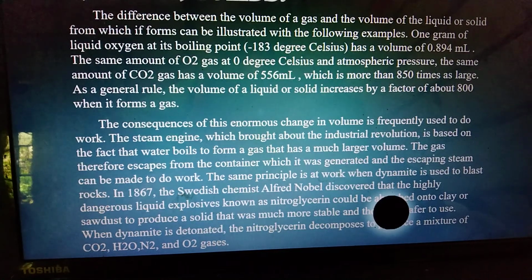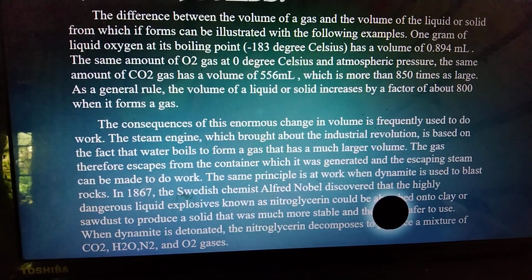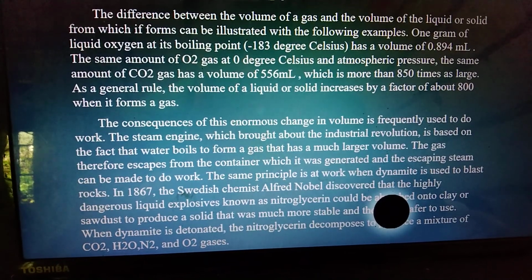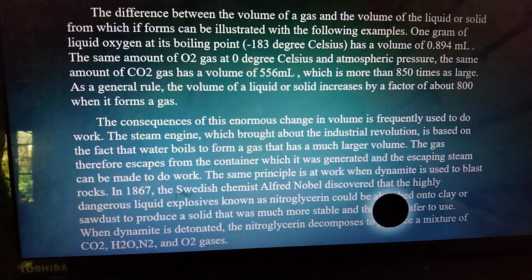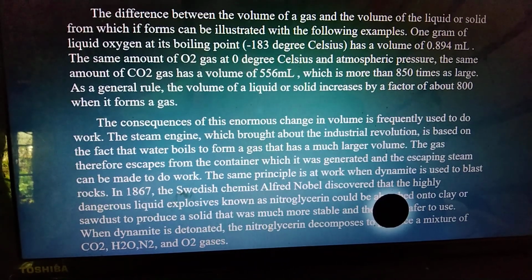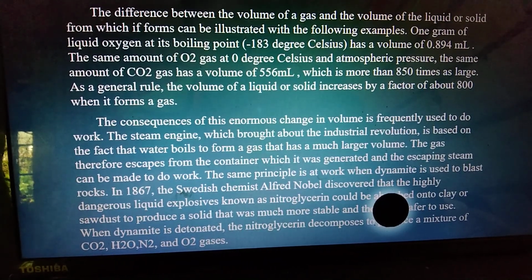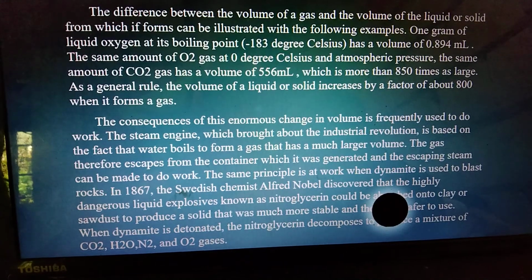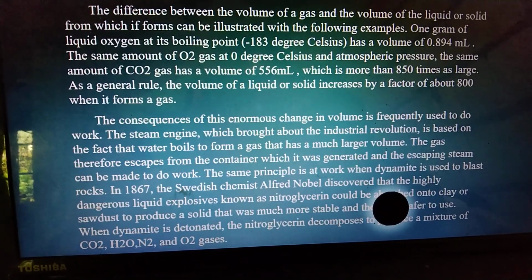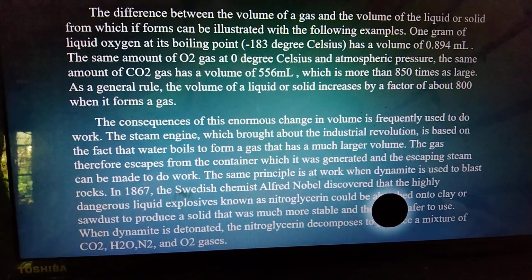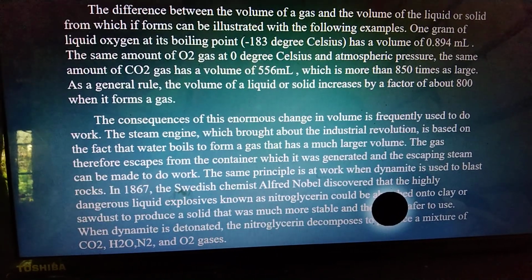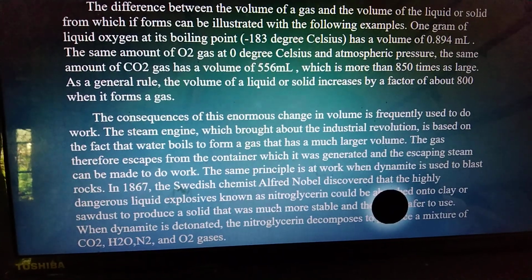The same principle is at work when dynamite is used to blast rock. In 1868, the Swedish chemist Alfred Nobel discovered that the highly dangerous liquid explosive known as nitroglycerin could be absorbed onto clay or sawdust to produce a solid that was much more stable and safer to use.